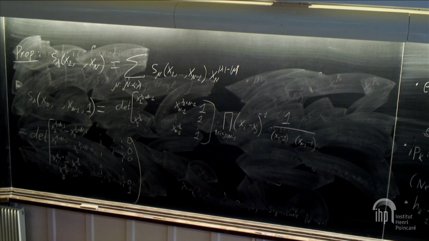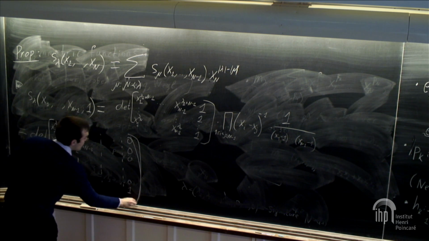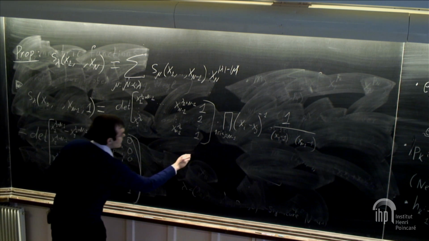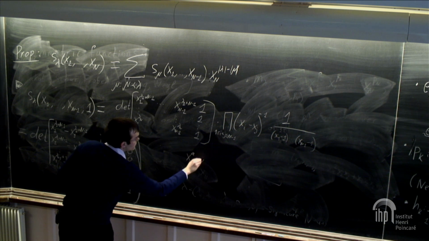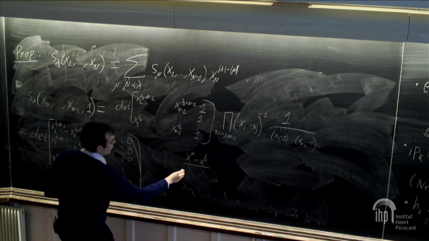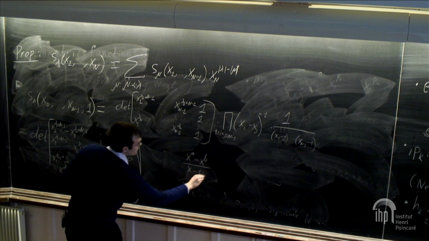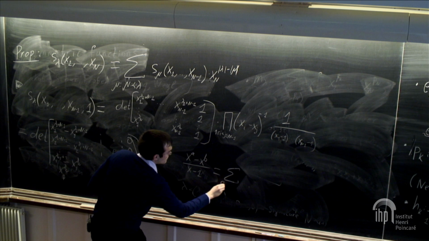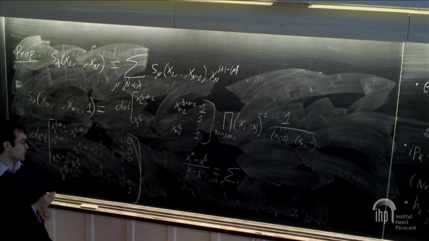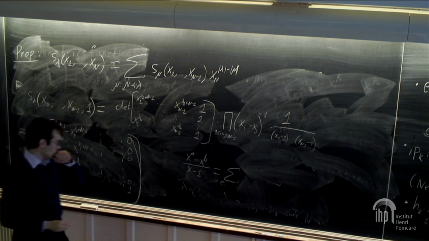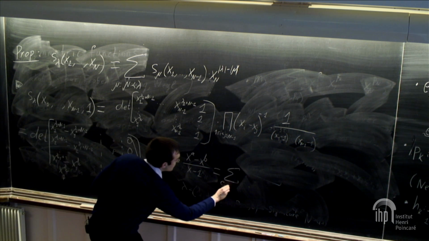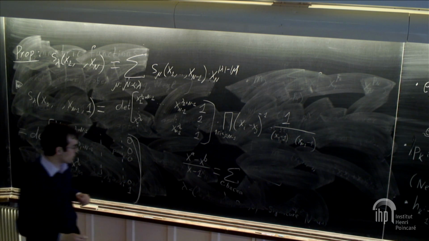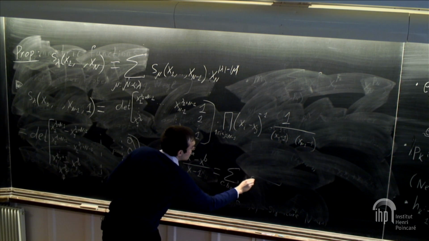But this term I can use, so I will not write large determinants, but I will just say that x to the power a minus x to the power b over x minus 1 is a sum over integer c such that b is less than or equal to c less than a, of x to the power c.